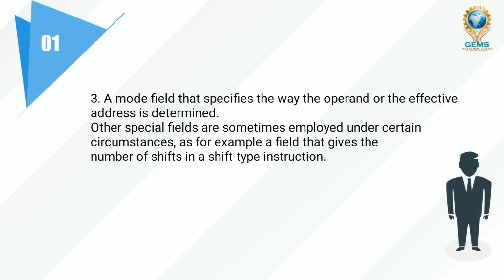The mode field that specifies the way that the operand or the effective address is determined. Other special fields are sometimes employed under certain circumstances, as for example, a field that gives the number of shifts in shift type instructions.